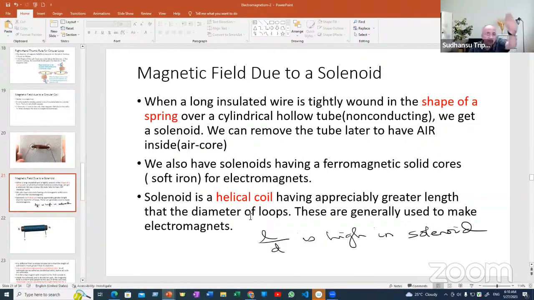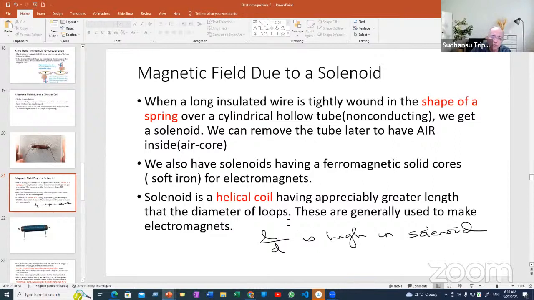Helical means it winds in an inclined manner, so it moves forward, just like a spring. That becomes a solenoid.